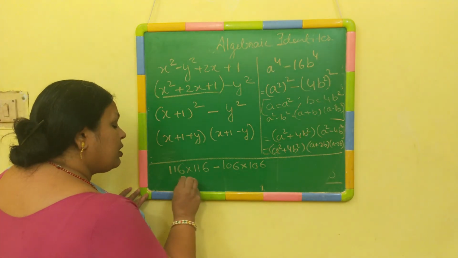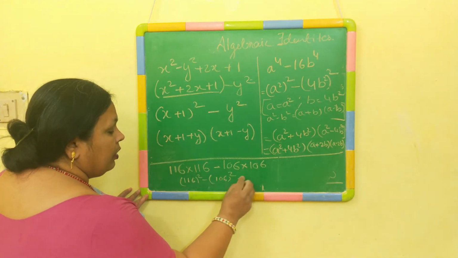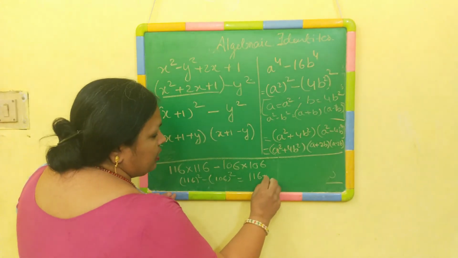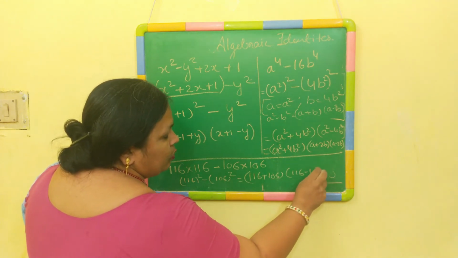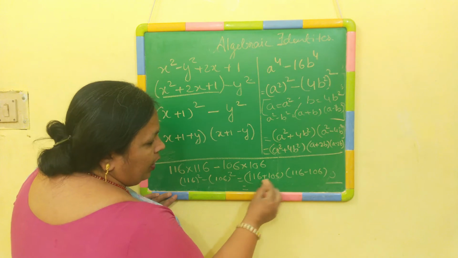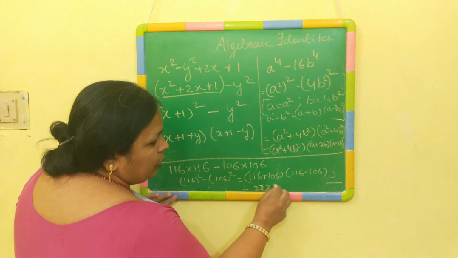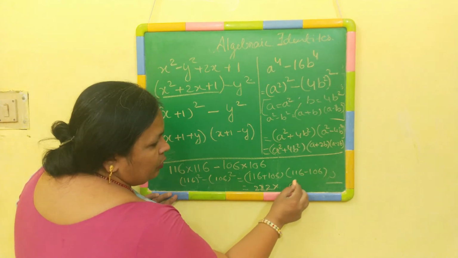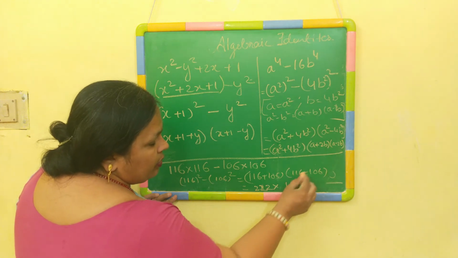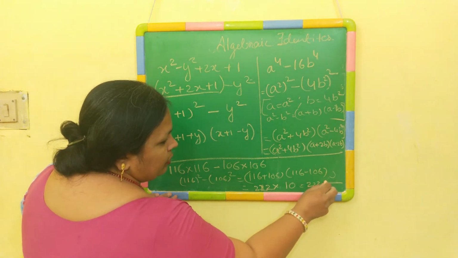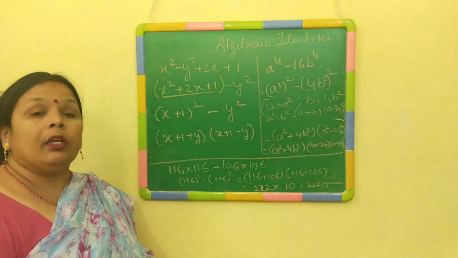So this is 116 whole square minus 106 whole square, which is equal to (116 plus 106) and (116 minus 106). So when you add, 6 plus 6, 12, 2, 1 carry, this is 222, into 6 minus 6 is 0, 1 minus 0 is 1 and 1 minus 1 is 0, so the answer is 2220. Clear? So these were the practical applications.